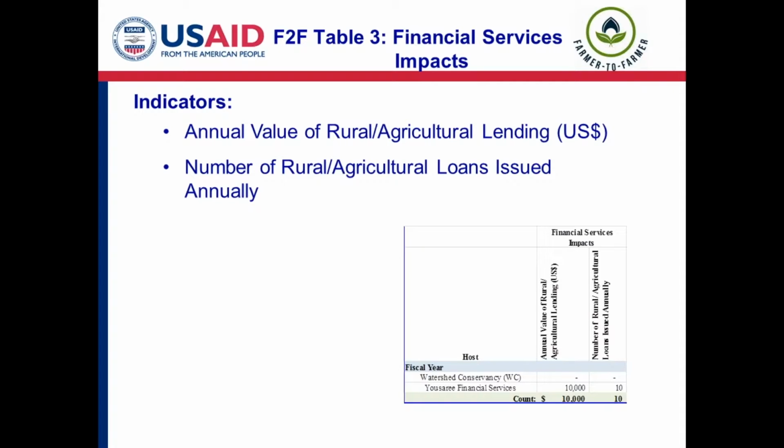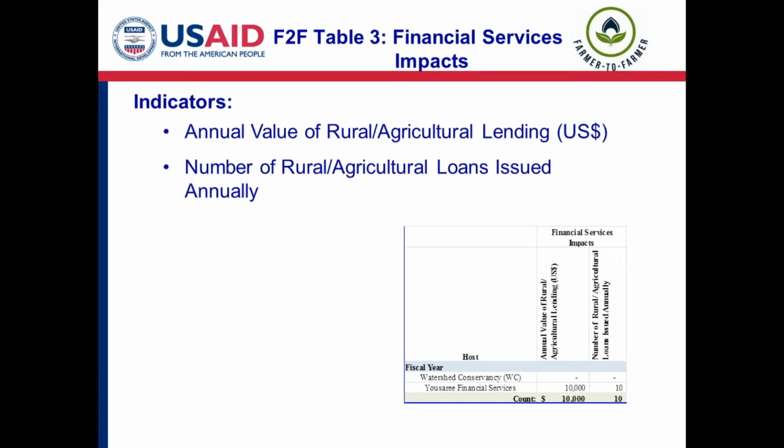Which is unfortunate for Land O'Lakes, which has a financial services country project that is working with the borrowers. So they don't get to show any increased lending in this area, even though that's the objective of their project. I think that's the most important thing about these indicators.